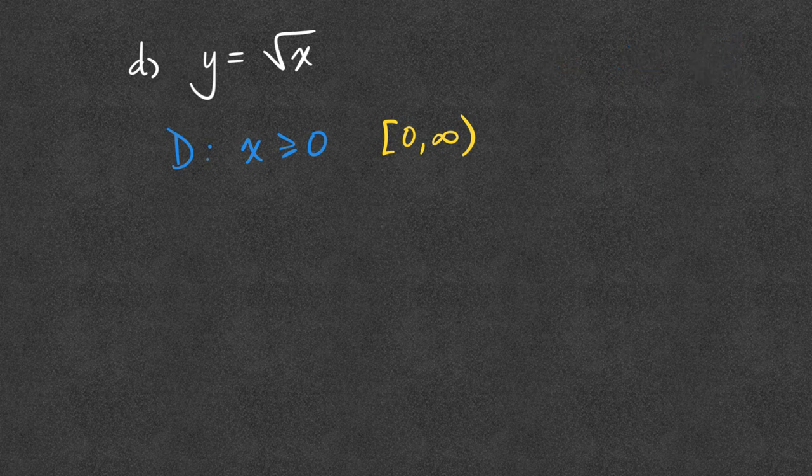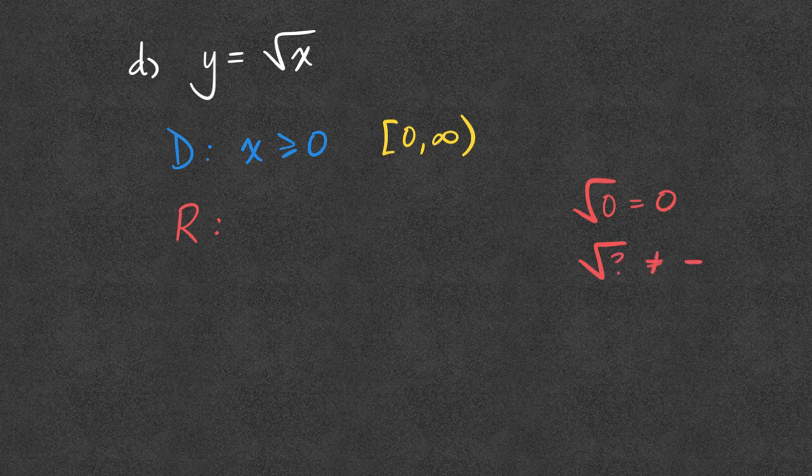Now I need to address my range. So I take a peek at my range. What types of y values will I get when I calculate root x? Well, when we calculate the square root of 0, we get 0. We know when we calculate the square root of any number, we cannot get a negative value.